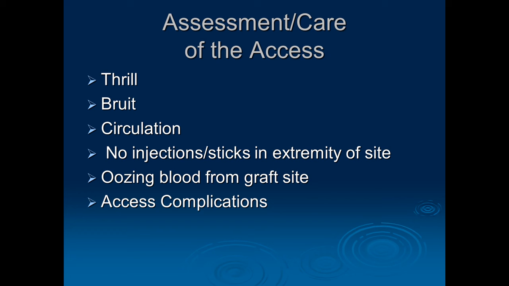Other problems related to the access device include thrombosis or stenosis or clotting at the shunt where it clots off and then it can't be used. And there are some strategies to manage that if that occurs as well. An aneurysm formation is another complication with the access device.